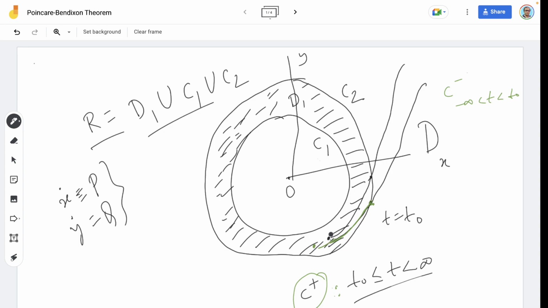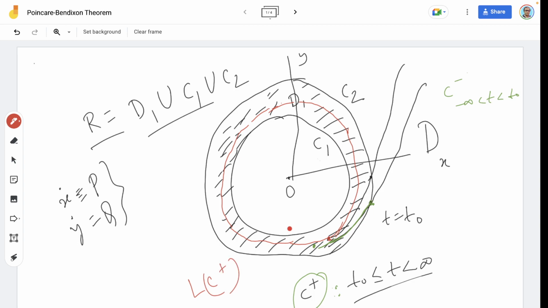The collection of the limit points of these trajectories gives us this point set, the closed path. The collection of all these limit points is the LC plus.